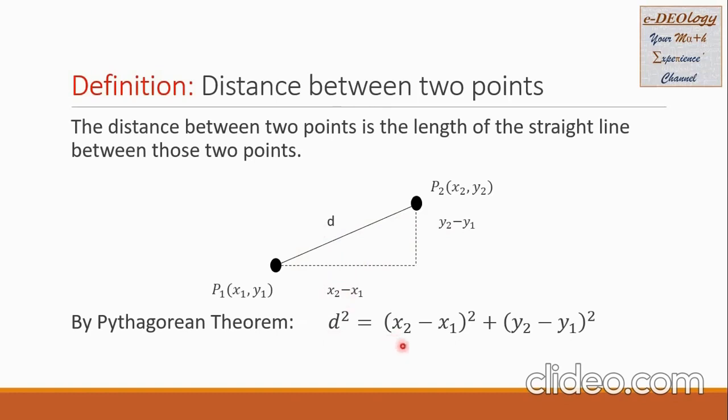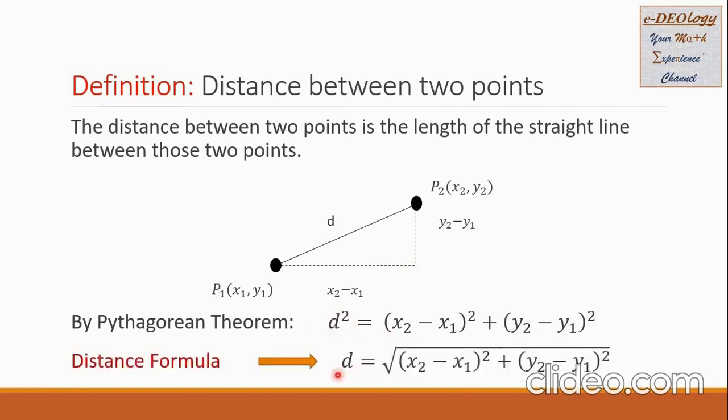So we write here x sub 2 minus x sub 1, and it is squared, plus the side here is the y sub 2 minus y sub 1. The quantity is squared. And to make this D without the square, we will take the square root of both sides. And this is now what we call the distance formula between 2 points.